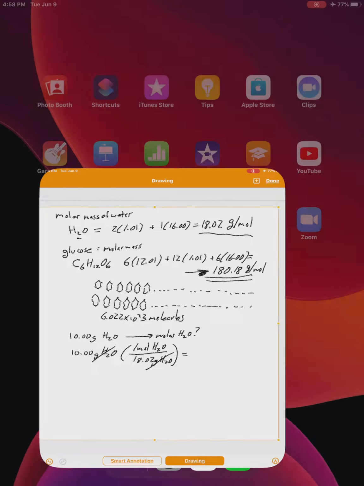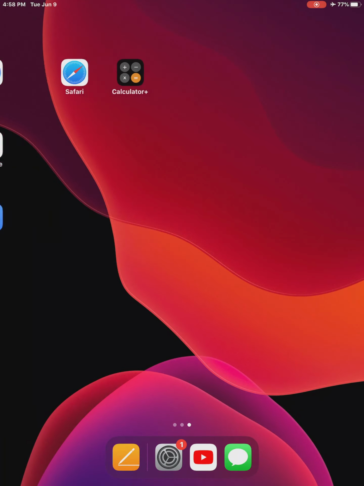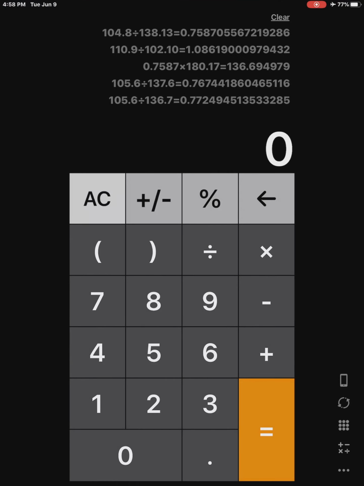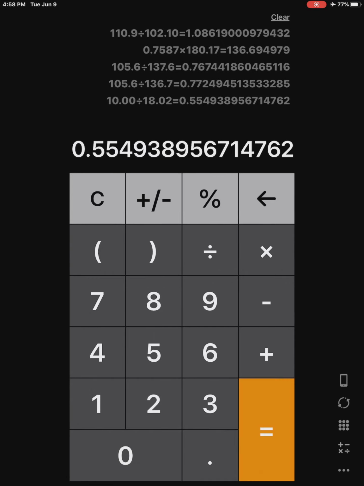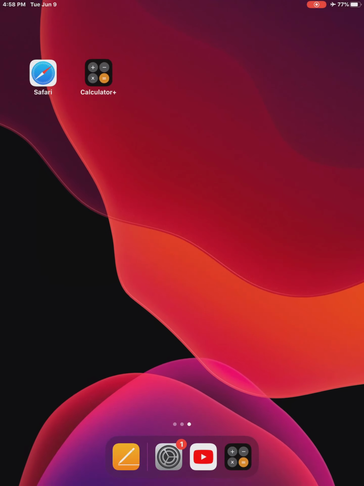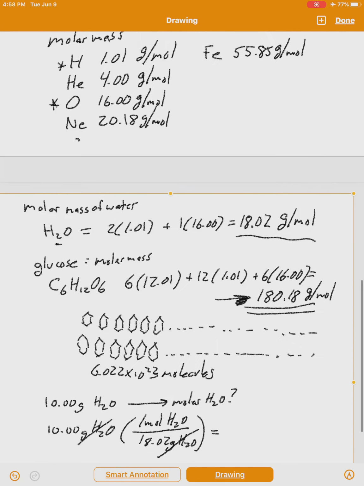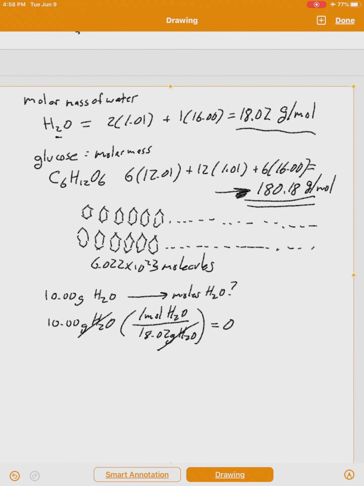So if you take 10 over 18.02, you get 0.555 moles of water.